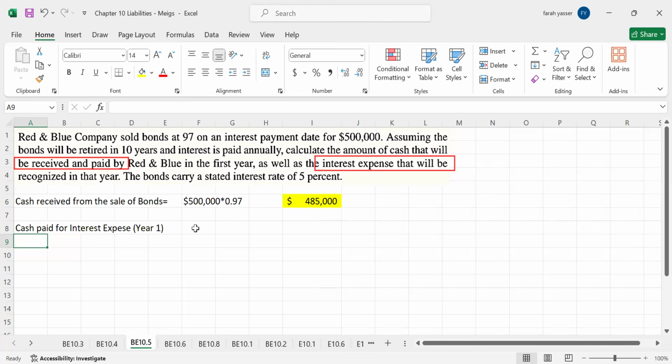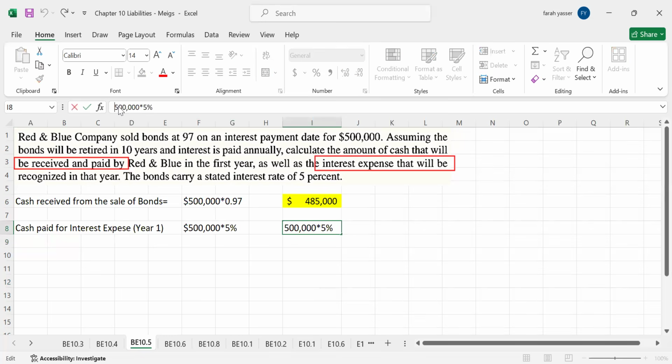So $500,000 multiplied by the interest rate, which is 5%. So annual interest would be $25,000.